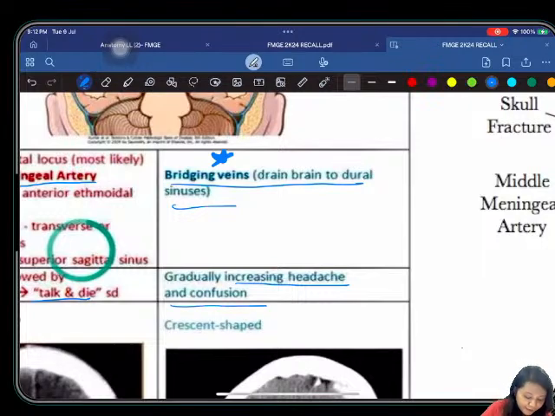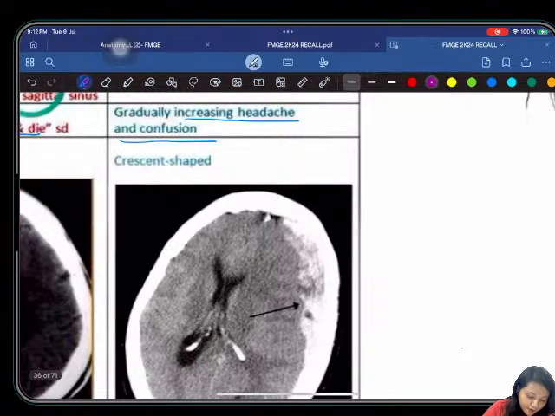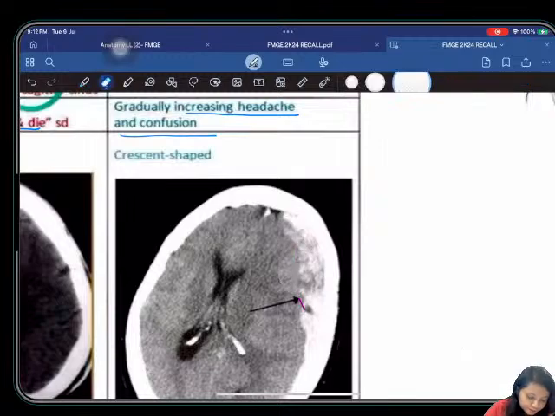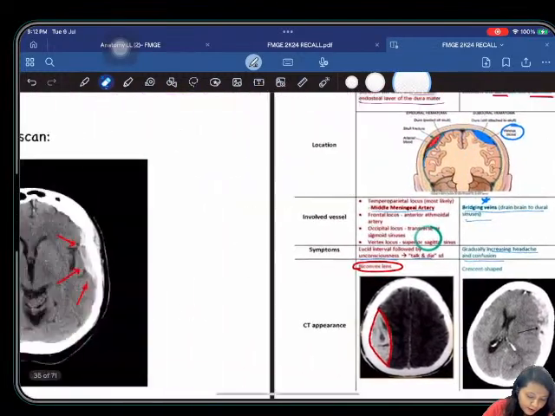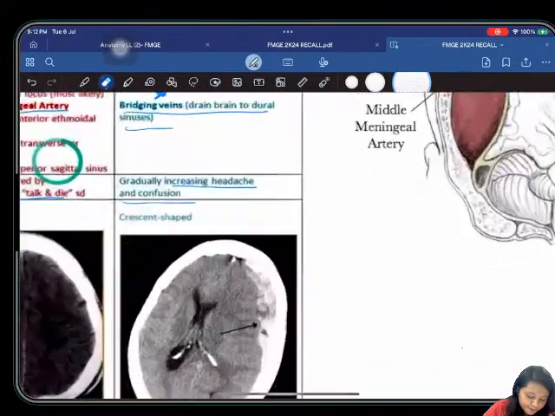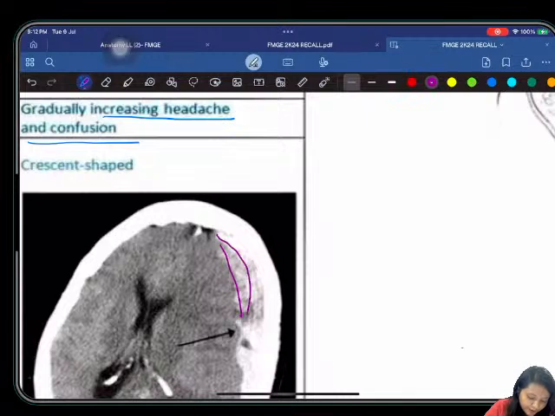And very important, you will have a crescent shape, as you can see here, a crescent shape hematoma on the scan.